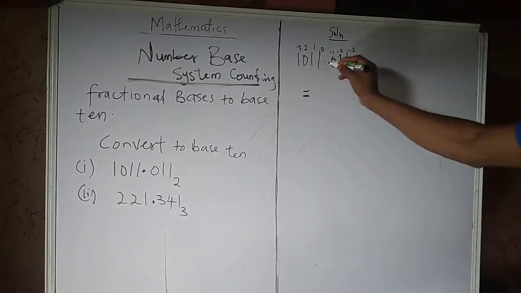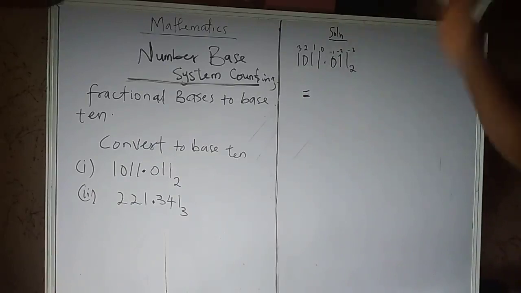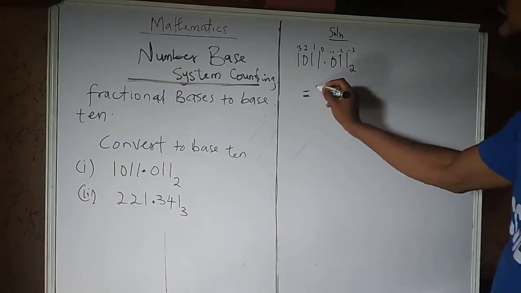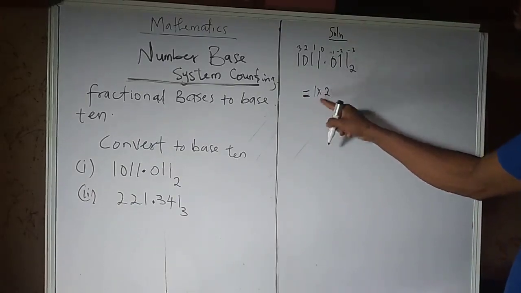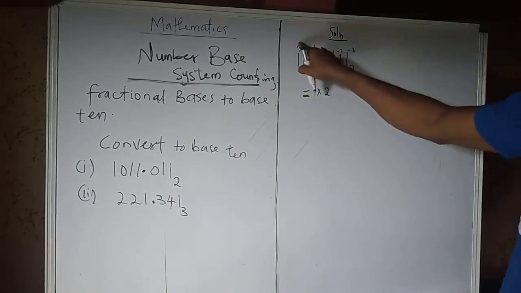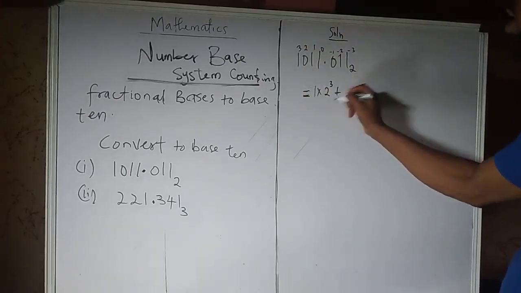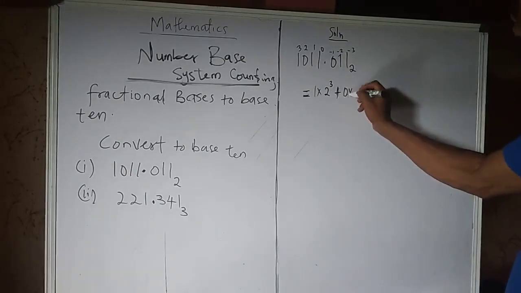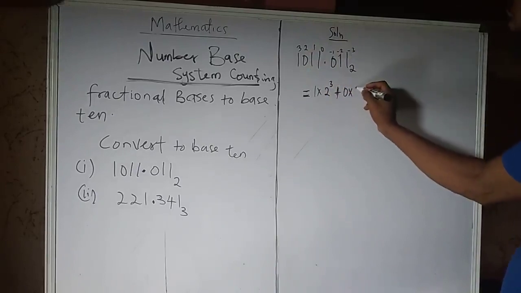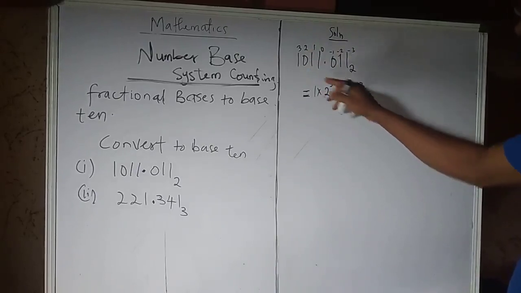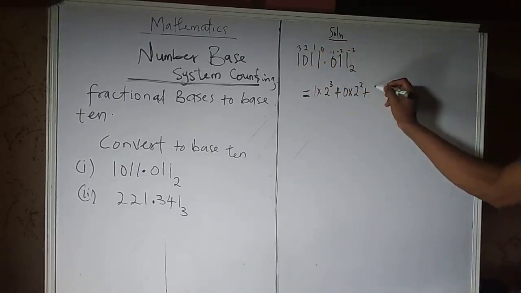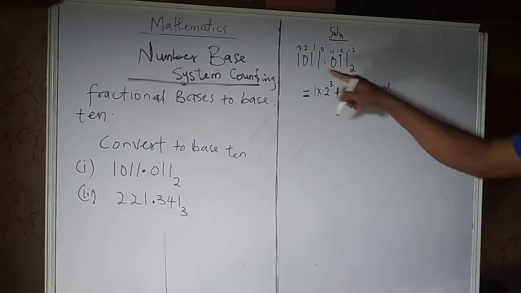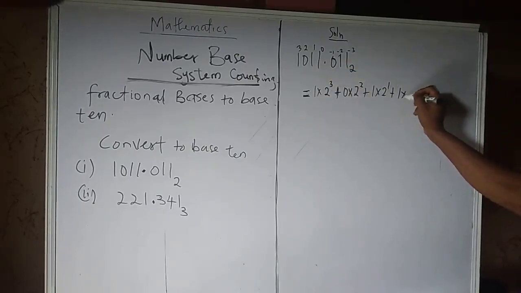After I've done that, I'll go ahead and expand it. So I'm going to have 1 times 2 raised to the power of 3, plus 0 times 2 raised to the power of 2 (I can skip the 0, but I'm going to write it), plus 1 times 2 raised to the power of 1, plus 1 times 2 raised to the power of 0.